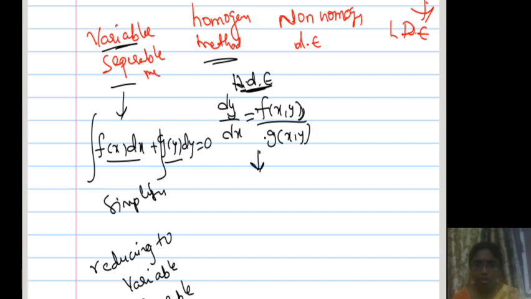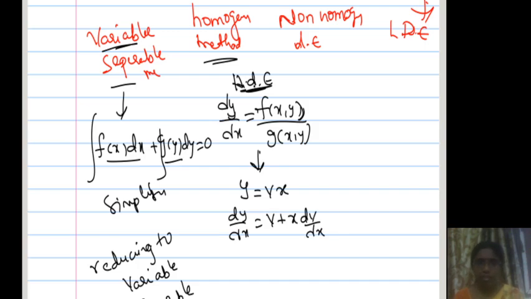Which way we have to solve in homogeneous differential equation? For example, if it is in the form of dy by dx in the question, you have to substitute, put y is equal to vx. Then dy by dx is equal to, differentiating on both sides, you will get v plus x dv by dx.